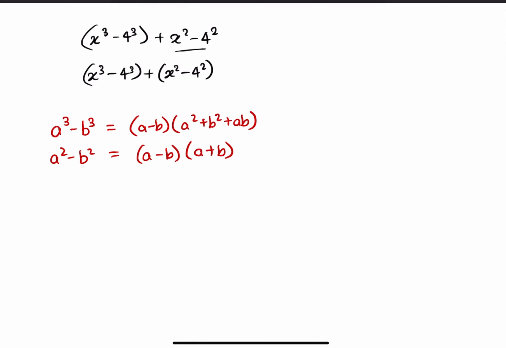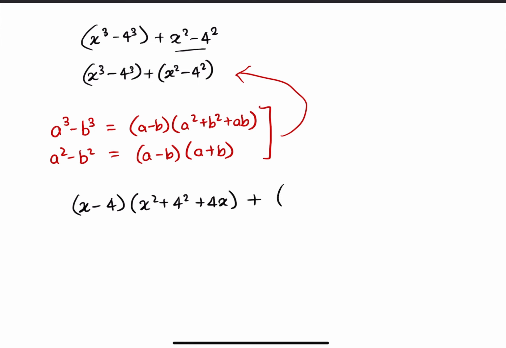So if we plug in these values, we would have x minus 4 times x squared plus 4 squared plus 4x, plus x minus 4 times x plus 4.